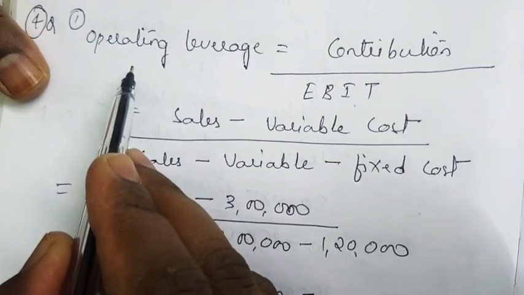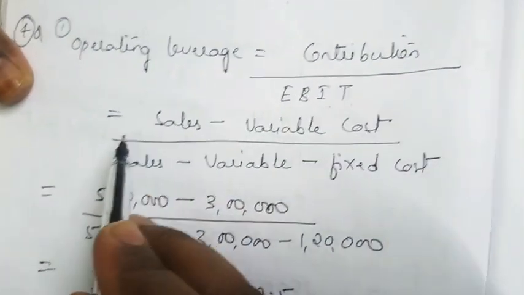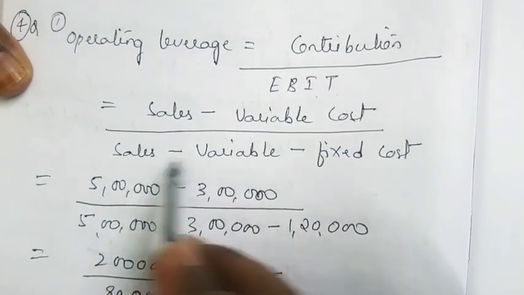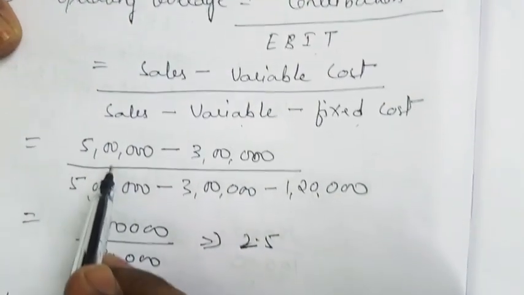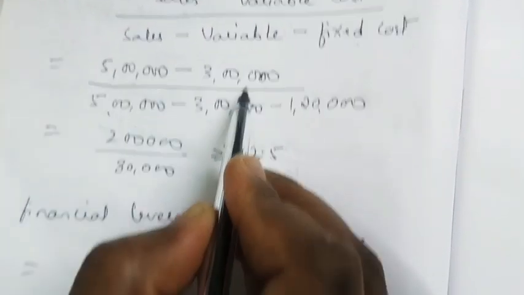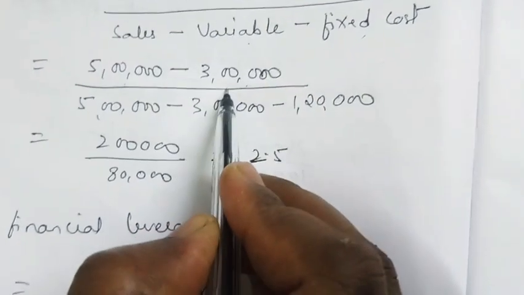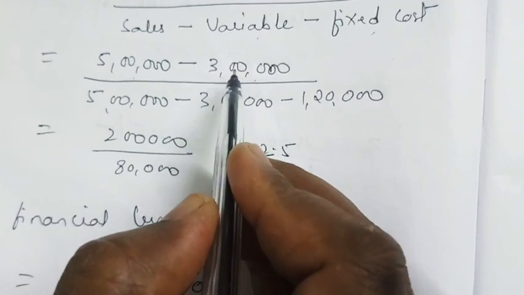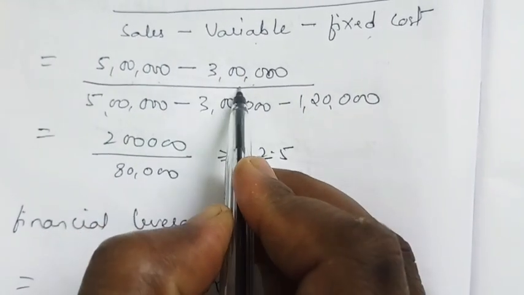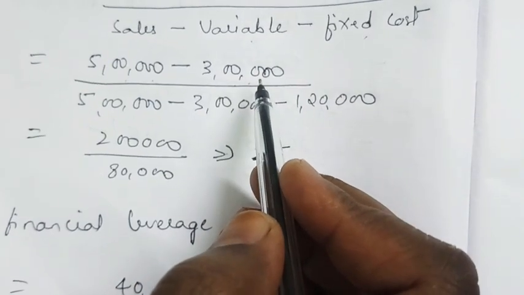So first we have to find out the operating leverage, that equals contribution divided by EBIT, that equals sales minus variable cost divided by sales minus variable cost minus fixed cost. In the question, sales he mentioned 5 lakhs minus variable cost 3 lakhs. How did you get 3 lakhs? The variable cost he mentioned is 60%.